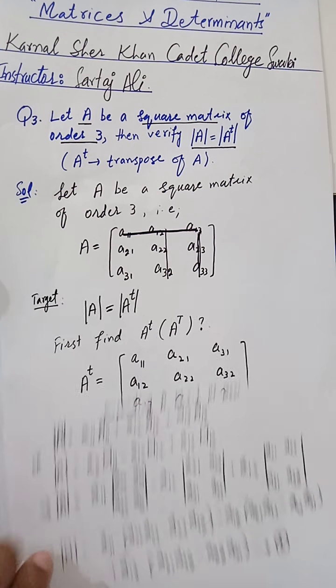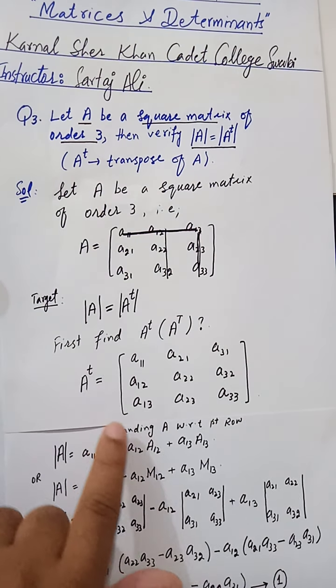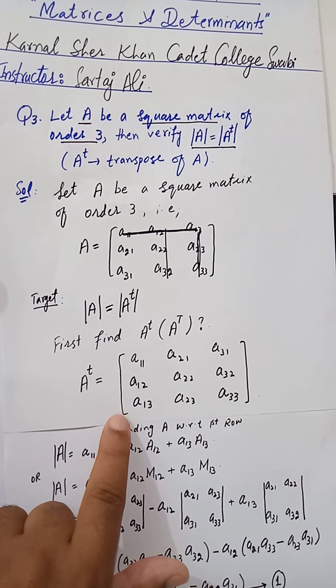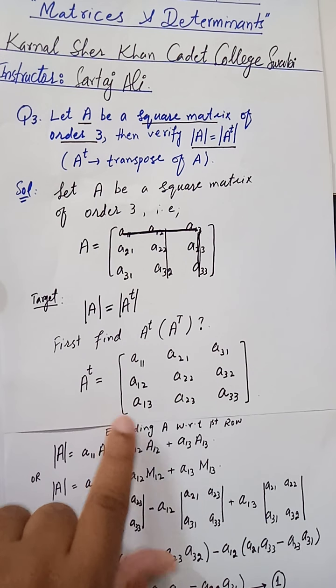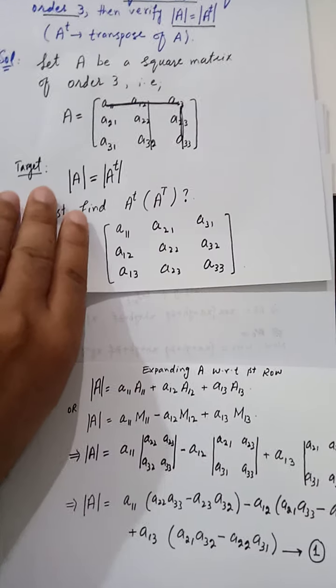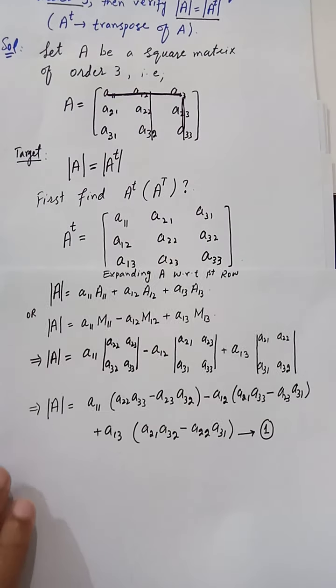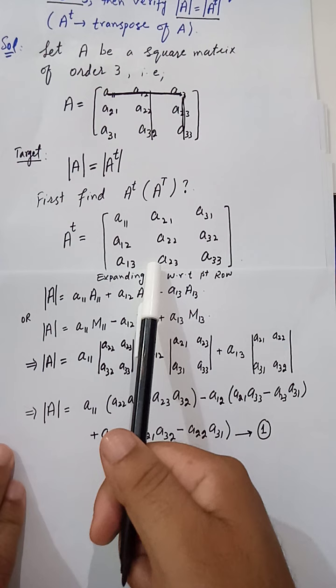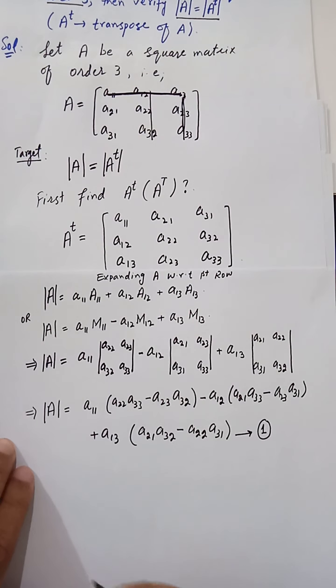Okay, now I am finding the determinant of the transpose of matrix A. So the transpose of matrix A is this. Now I am finding the determinant.